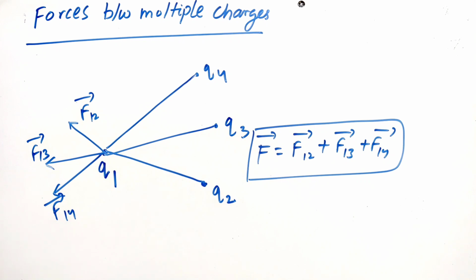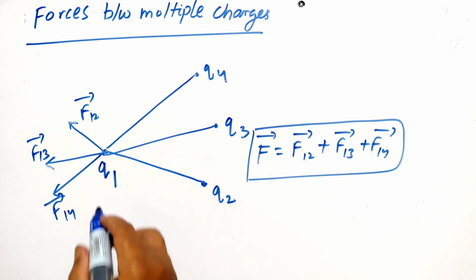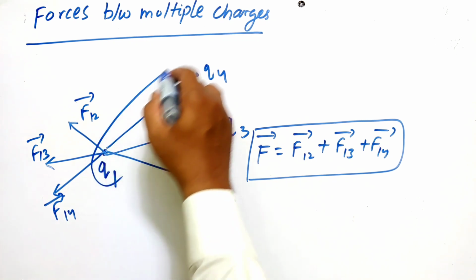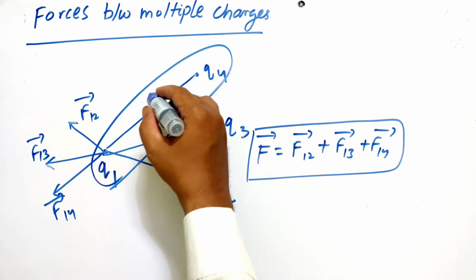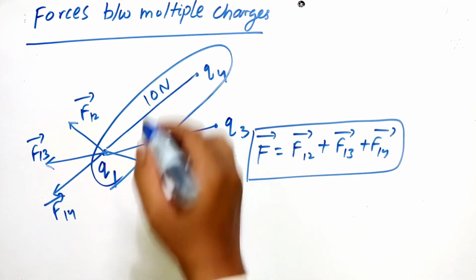But one thing you should remember, by the presence of a third charge, the force between the two charges is not affected. This is very important. Suppose the charges Q1 and Q4 have a force of 10 Newton.